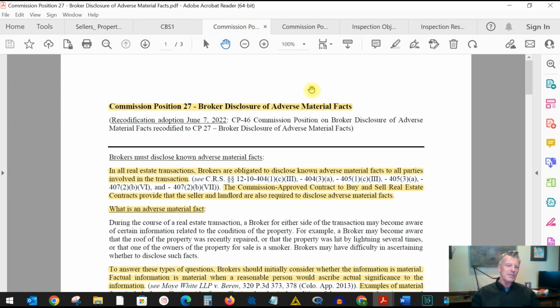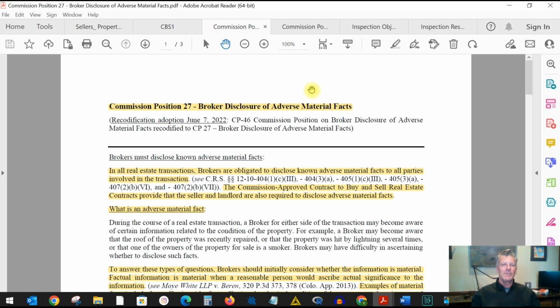The Colorado Real Estate Commission, part of the Department of Regulatory Agencies, oversees all the real estate brokers. And they get to tell them what to do. They're the boss of the real estate brokers. They don't get to tell you what to do, because that would be practicing law.